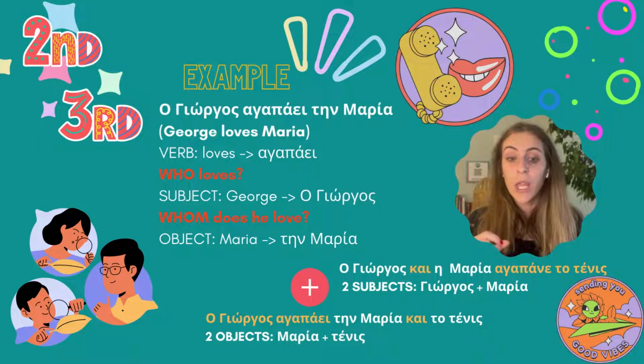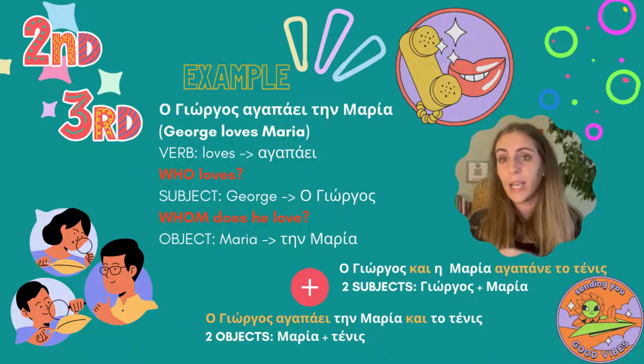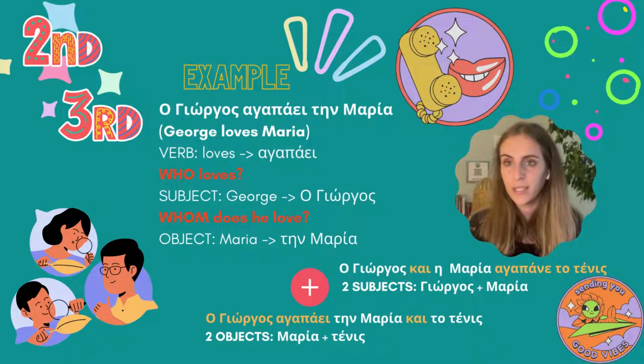So, I would like to tell you to practice as much as you can in building small sentences based on the simple syntax, because this syntax is a core, fundamental thing in Greek.